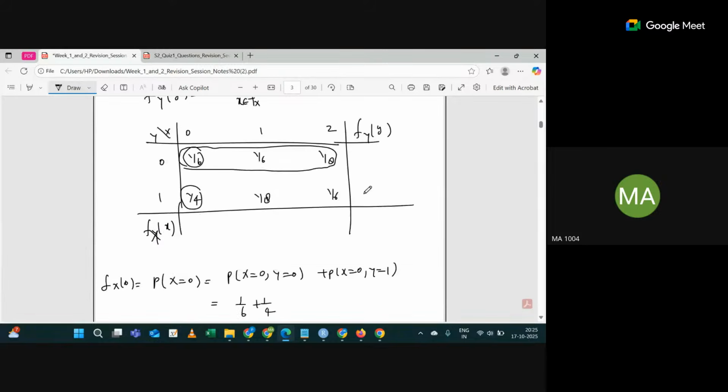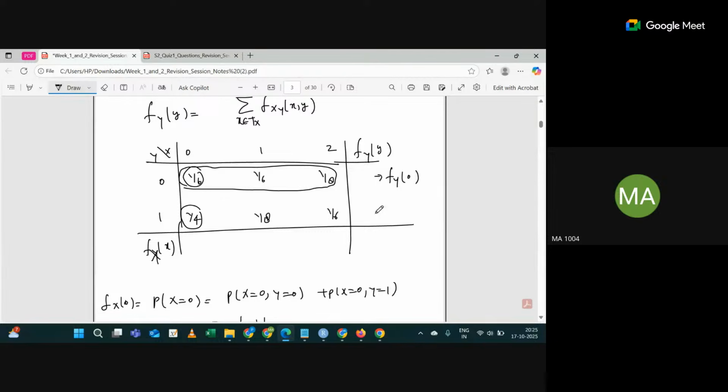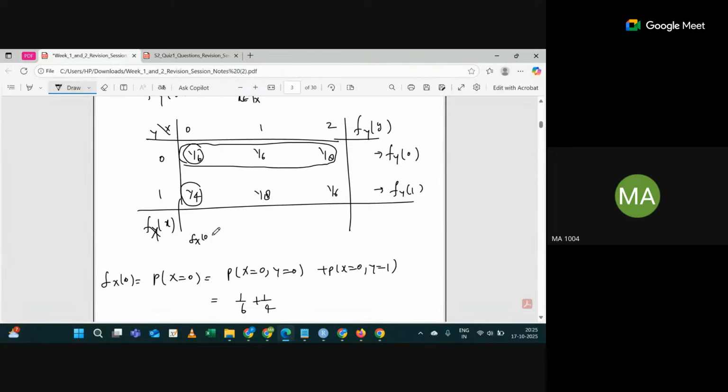If you add here, you will get fy of 0, and if you add the values here, it will give you fy of 1. And here, fx of 0, this second column fx of 1, and the third column will give you fx of 2. So this is a valid PMF of a single random variable. Okay, so far so good.